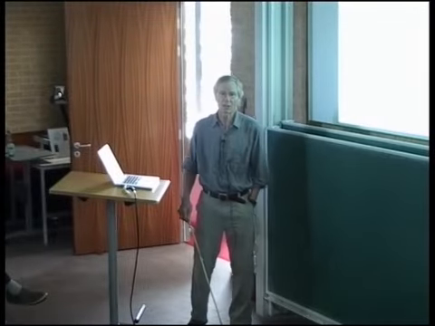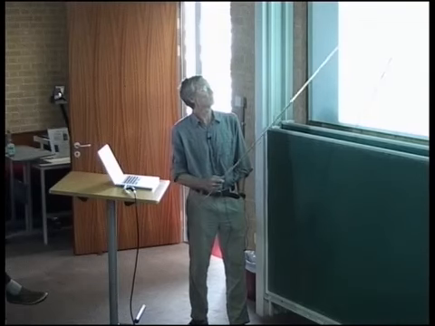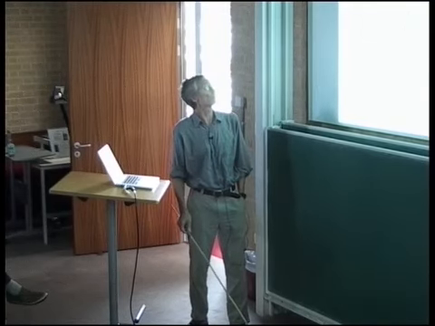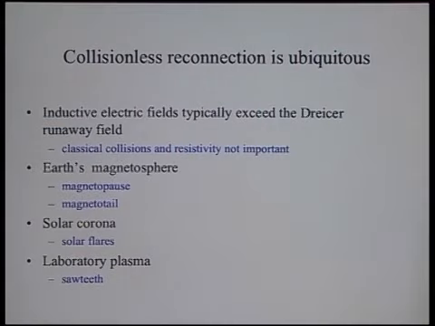If you look at late time and you estimate magnetic fluxes and the time scales over which they reconnect, you can put in the numbers, and typically you exceed the Dreicer field by quite a bit. And once you exceed the Dreicer field, it's very hard for classical collisions and the resultant resistivity to be important.